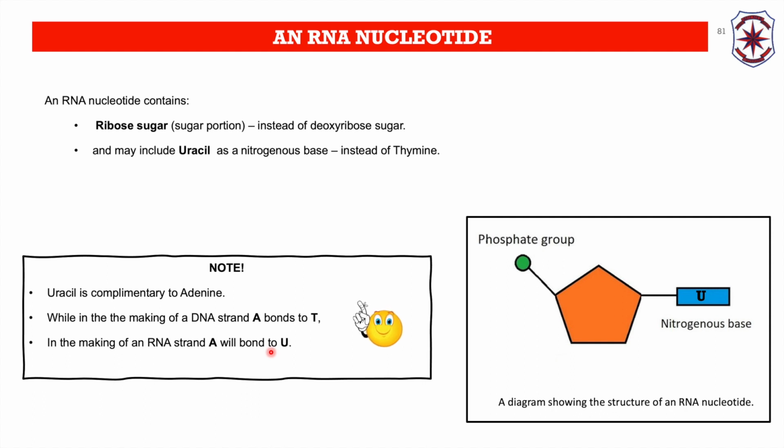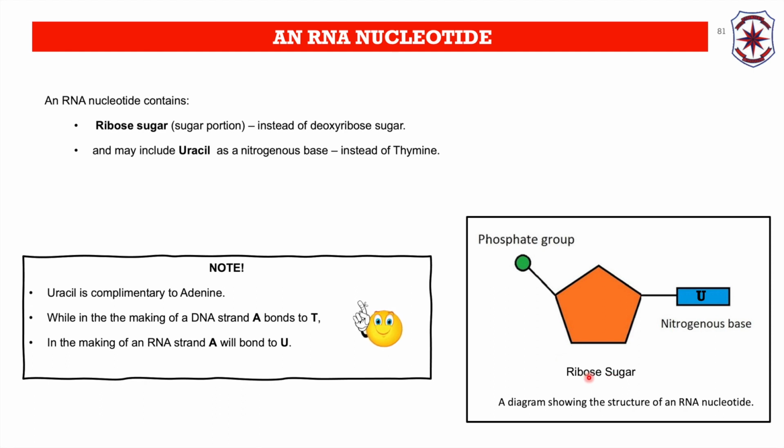And then the nitrogenous base that is exclusively found in RNA is uracil. Okay, so the key difference between a DNA nucleotide and an RNA nucleotide is on the sugar portion, RNA would contain ribose sugar, but on DNA it will consist of deoxyribonucleic acid.